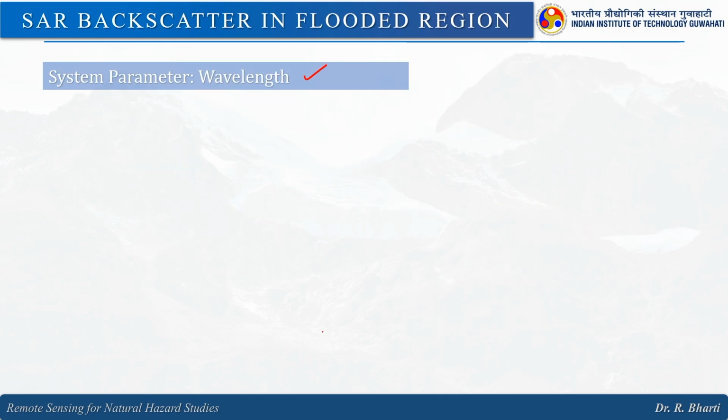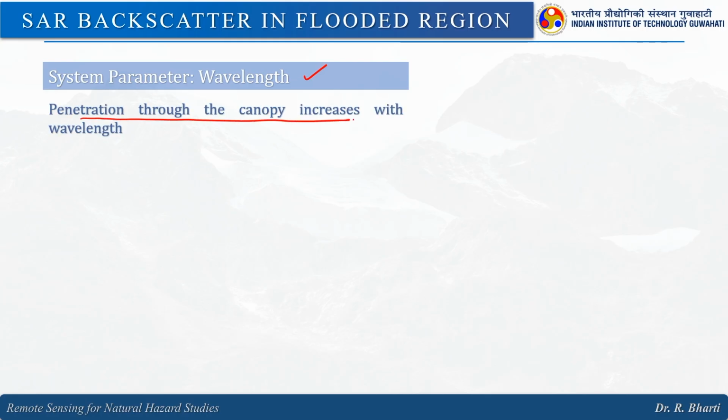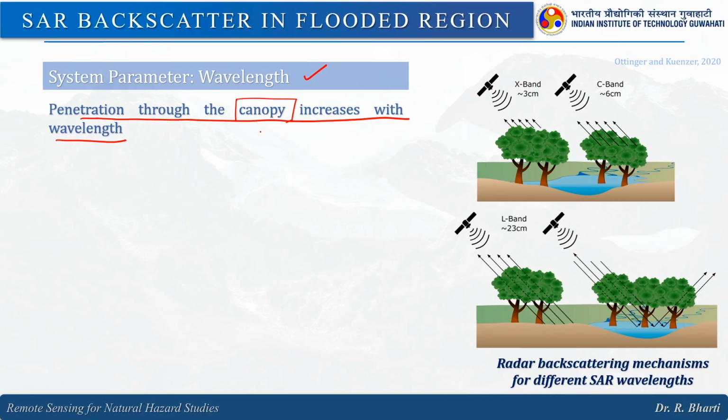The system parameter, the wavelength. So, the penetration through the canopy increases with wavelength. As we move towards the longer wavelengths within the microwave domain, we will have better canopy penetration, right. So, here you can see this is X band, this is C band, right, and here you have L band.